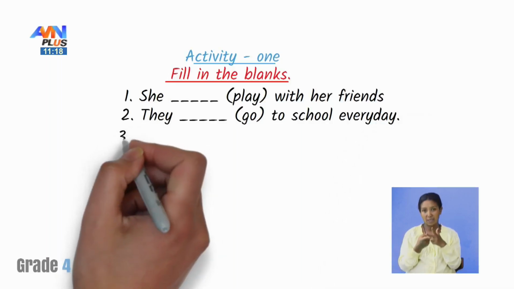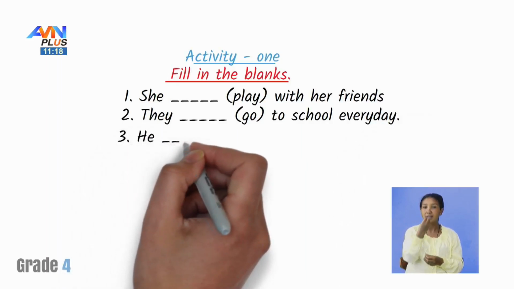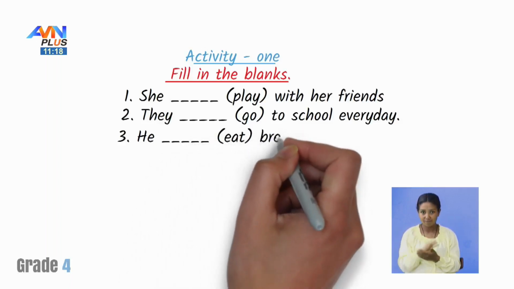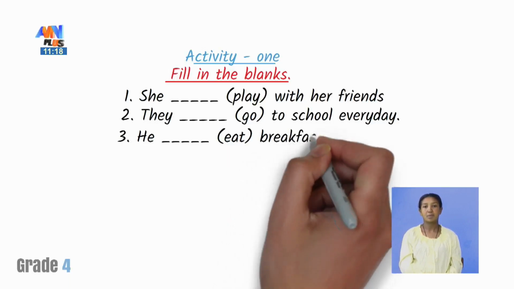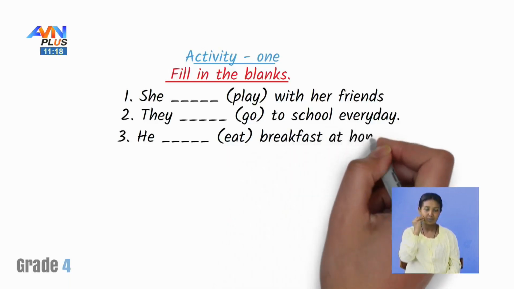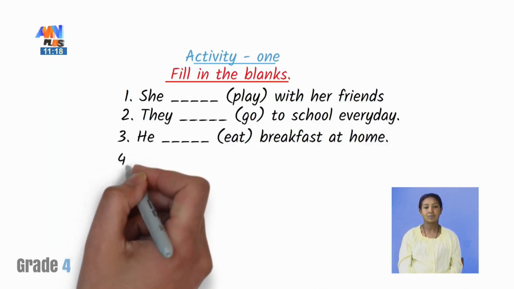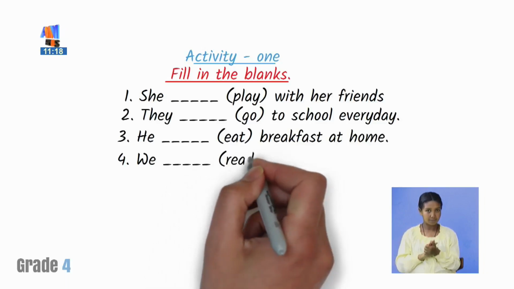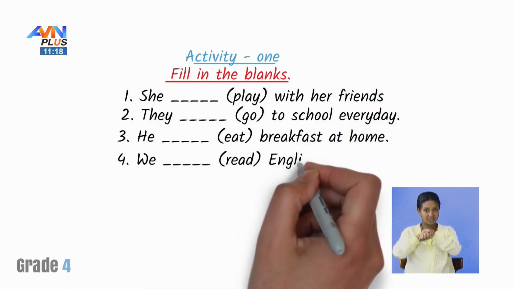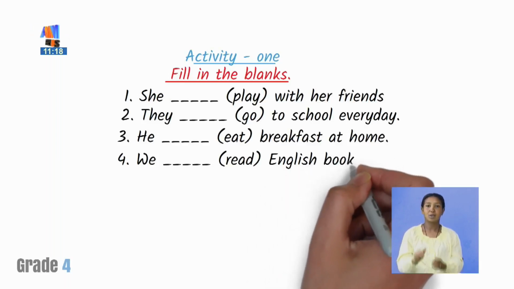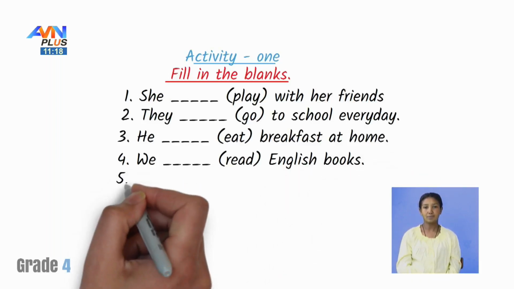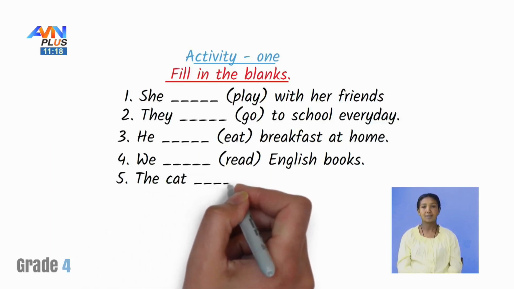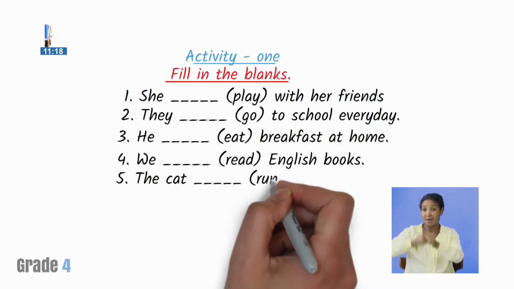Three, he blank eats breakfast at home. 4, we blank read English books. 5, the cat blank run fast.